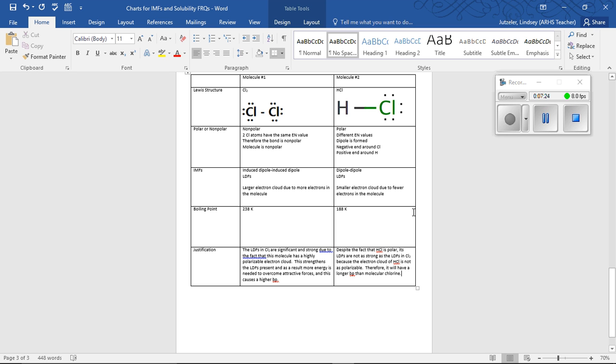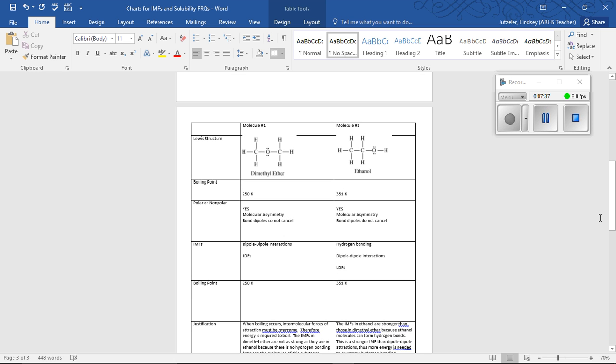So again, you've got your two molecules, Lewis structure, whether it's polar or not, then talk about IMFs. So this format was the same. Let me go back up here for all of this stuff. Lewis structure, polar, nonpolar, IMFs.